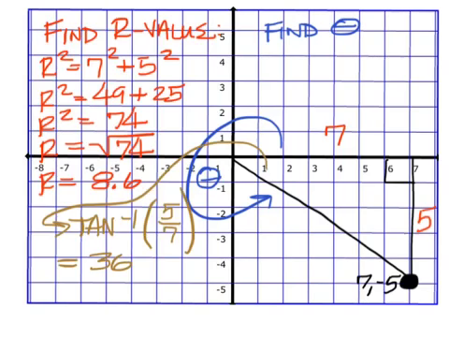Find theta. So inverse tangent of 5 over 7 is 36. What do we have to do with that 36? Subtract from 360. And you come up with 324.